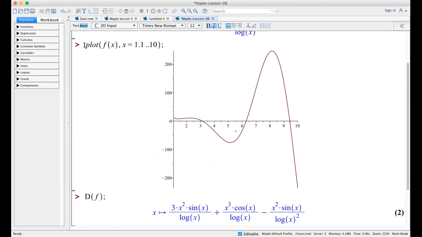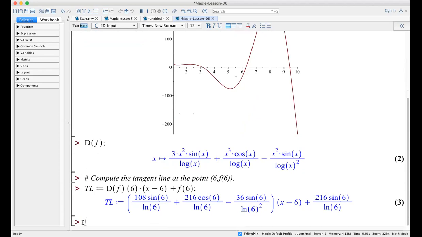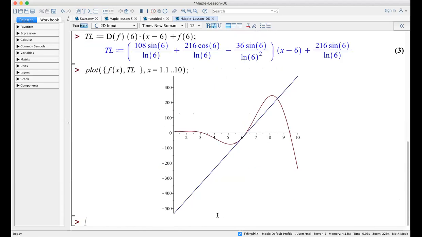So let's say we want to go back and now plot the tangent line and the curve together. If I'm plotting two functions together, I put the two functions inside curly brackets. One is the original function, the other is the tangent line. And here's this beautiful picture: the red is the curve, and at this point x equals 6, there is the tangent line.